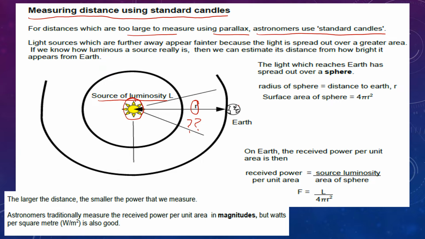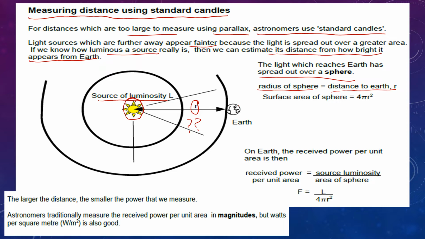Light sources which are further away appear fainter because light is spread out over a greater area. If you know how luminous a source is, then you can estimate the distance from how bright it will appear from the Earth. The light which reaches the Earth has spread out over a sphere, and the radius of that sphere is equal to the distance to Earth.